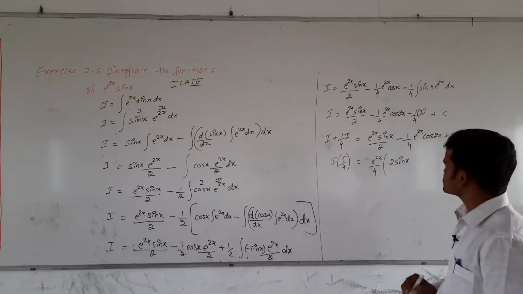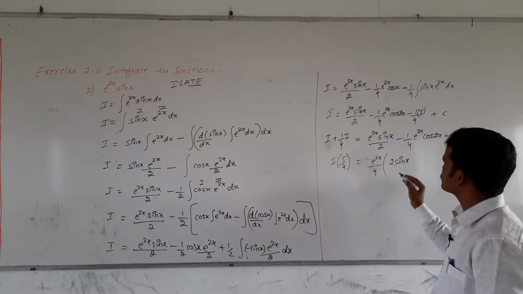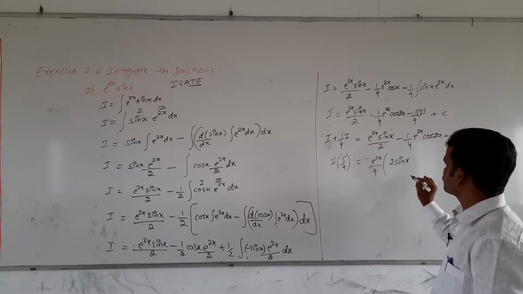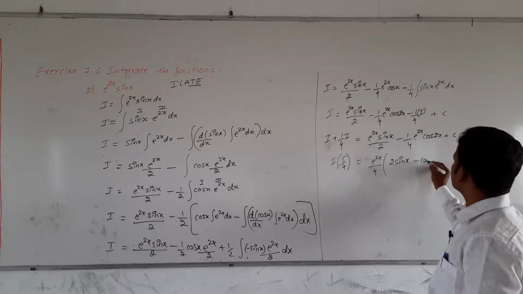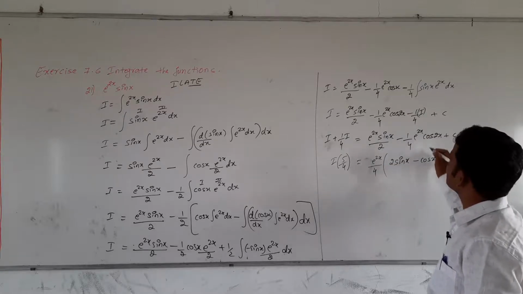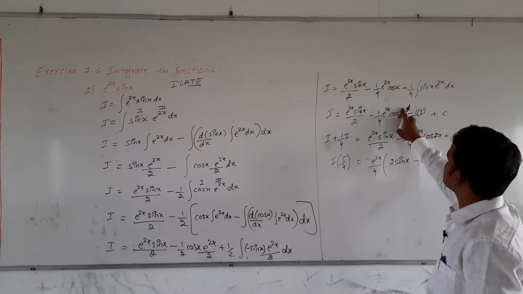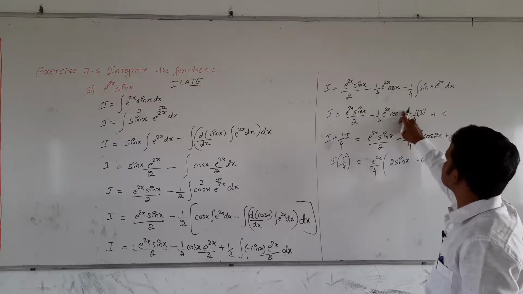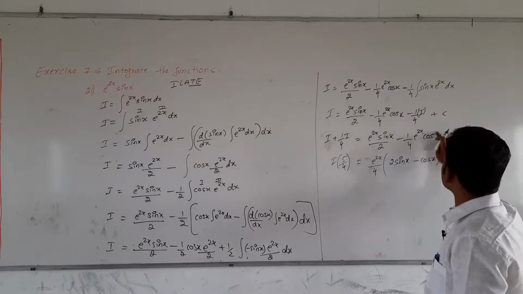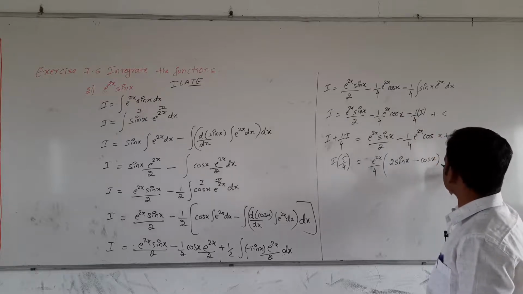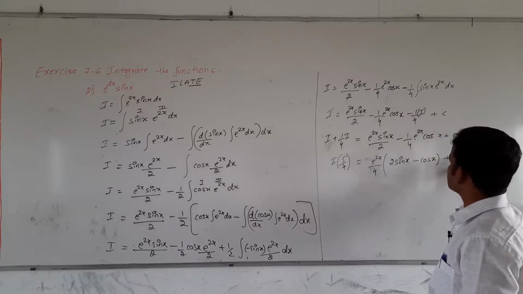If you want to check whether it is right or not, multiply: 2 ones are 2, and 2 twos are 1 by 4, and minus of e raised to 2x by 4 is already outside. Here we have cos x. This is not cos 2x, I wrote cos 2x by mistake, it is cos x. So 2 sin x minus cos x plus c.